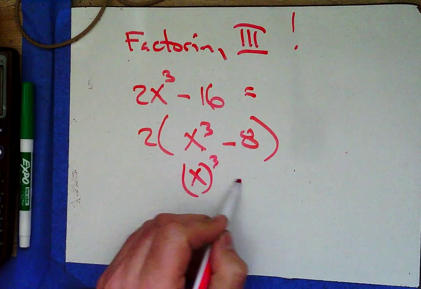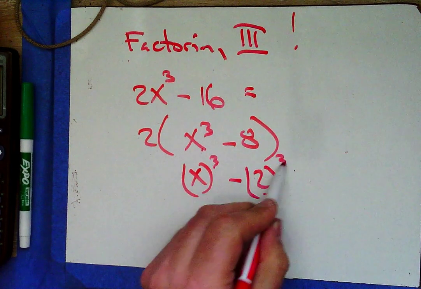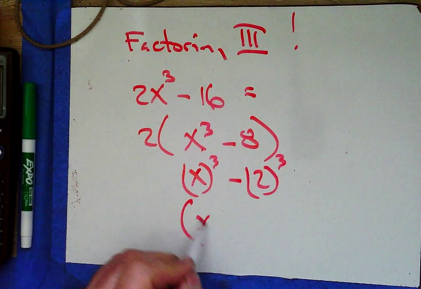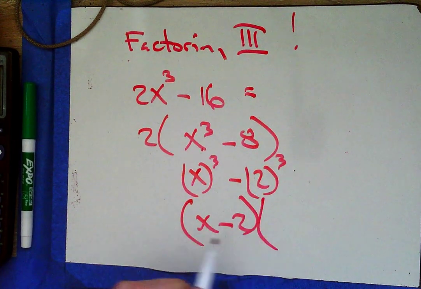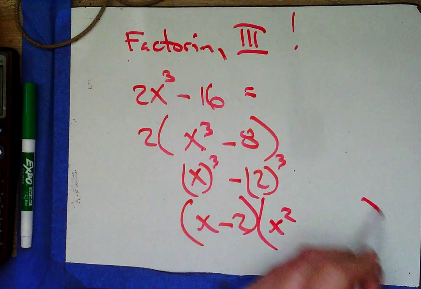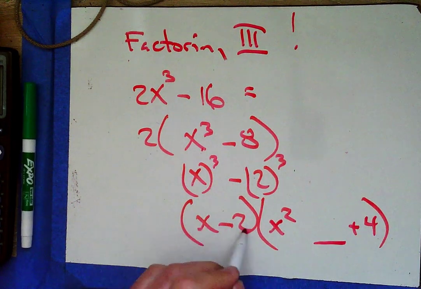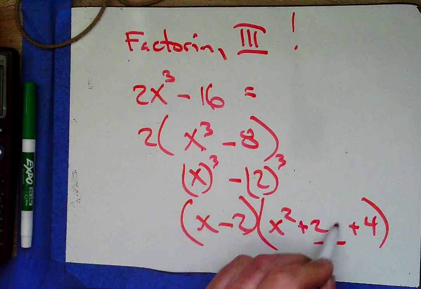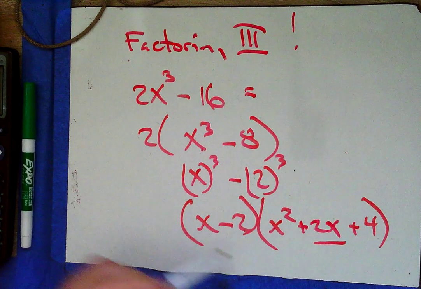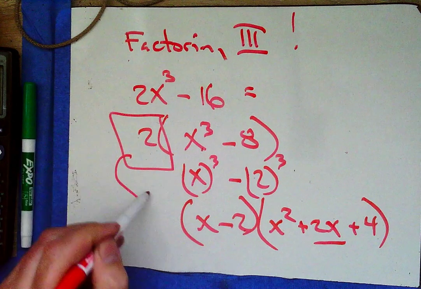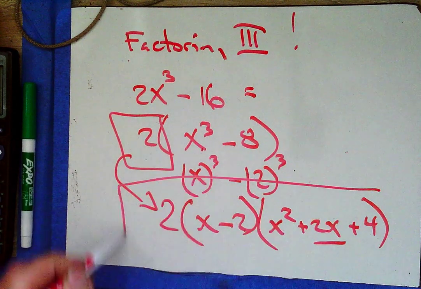It's x being cubed and 2 being cubed. So x minus 2, this one squared, this one squared, and the middle term is this times this, change the sign. Are we done? Nuh-uh, don't lose that original GCF.